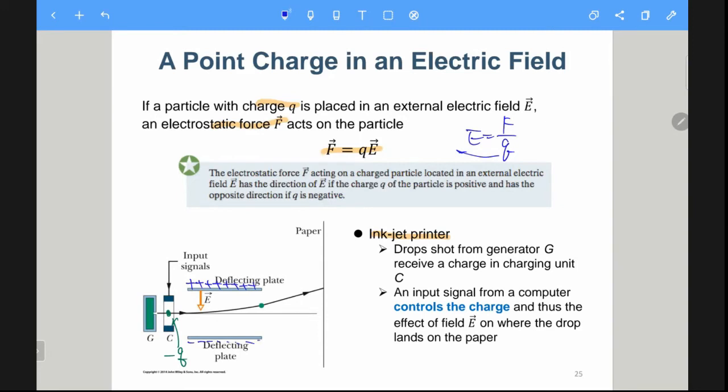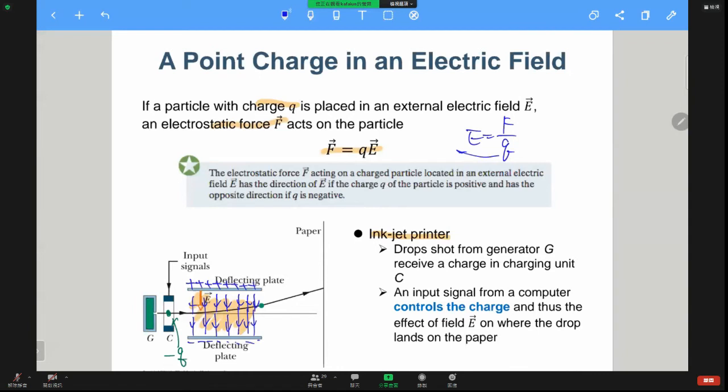Even though it is not infinitely large, at least inside this region it is close to a uniform E field. So as we have the positive plate on top, the E field will point downward.